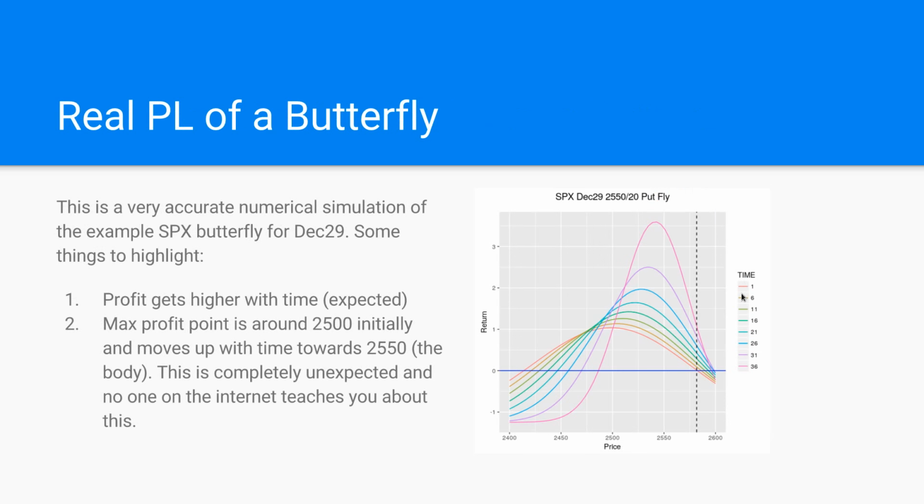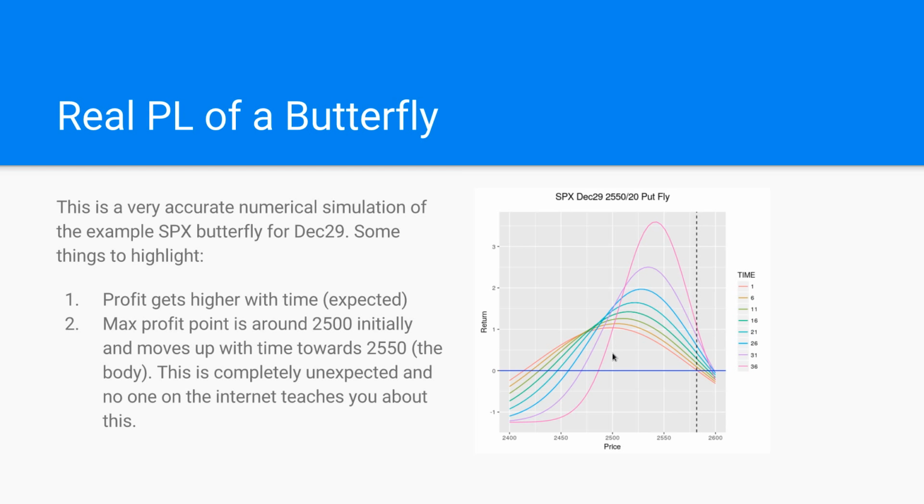Okay, so moving on, this is what a real butterfly looks like. This is the real way that it looks. And it could be argued that this looks more like a butterfly than the previous diagram, sorry. Okay, so what is this? I hope you can see this graph really well here.